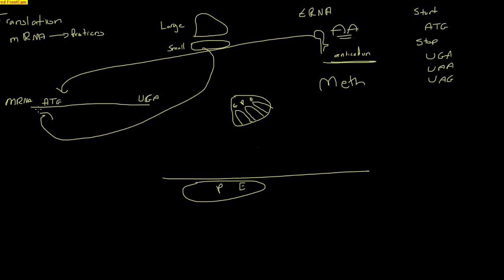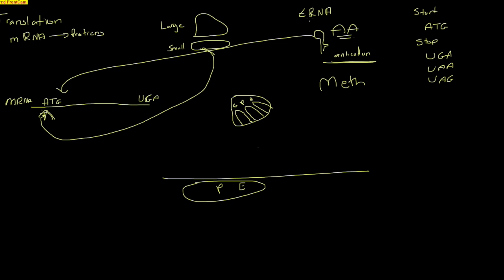And so you have this mRNA that we just made from transcription. So you have the small subunit come in, and it's going to bind to this 3 base pair sequence, which is a codon. That small subunit is going to bind to that ATG.